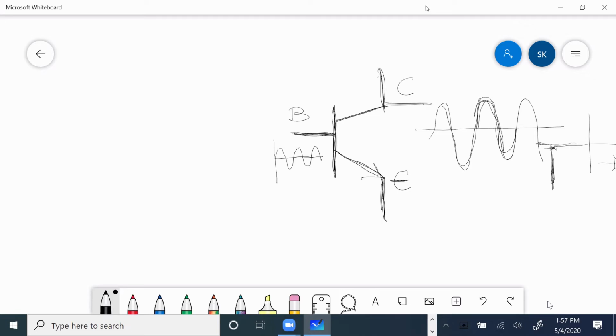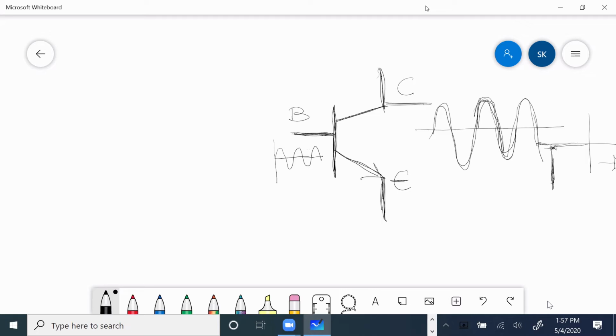Now you notice that I did not use the 180 degrees out of phase and all this. I am just giving you a statement that a small current through the base will give a large current at the collector.